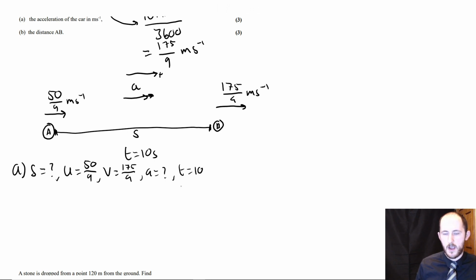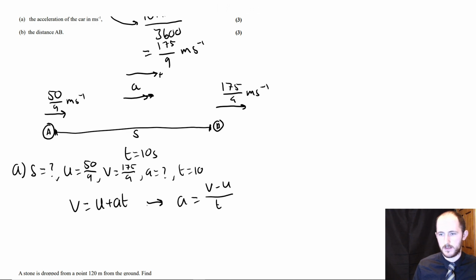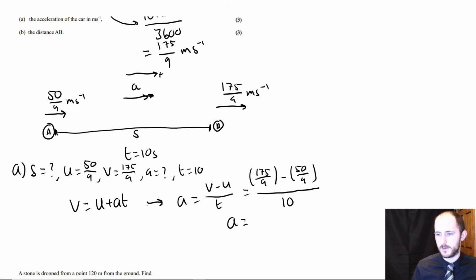So we want a, and we have u, v, and t. What we can use is the equation v is equal to u plus at, which rearranged for a would give me (v minus u) over t. So 175/9 minus 50/9, over 10, is my acceleration.